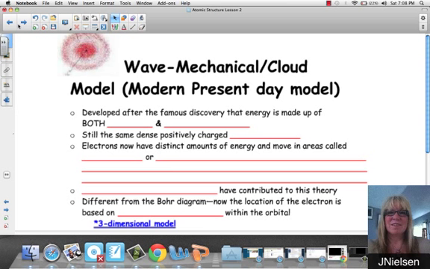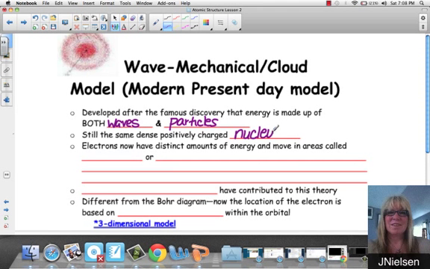So in the wave mechanical cloud model, which is our present-day model, this was developed after the famous discovery that energy is made up of both waves and particles. So what's the same? Well, as the previous theory, we still have the same dense positively charged nucleus.